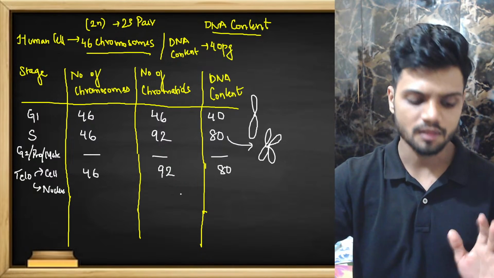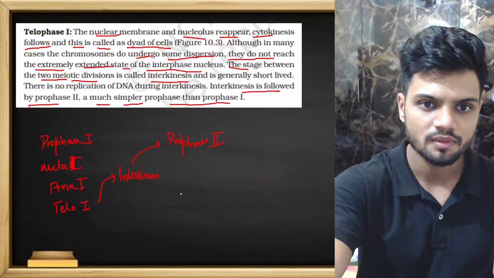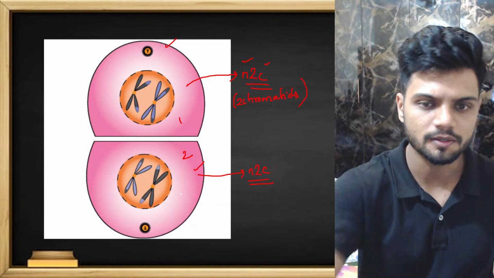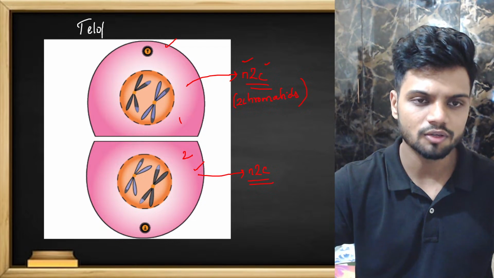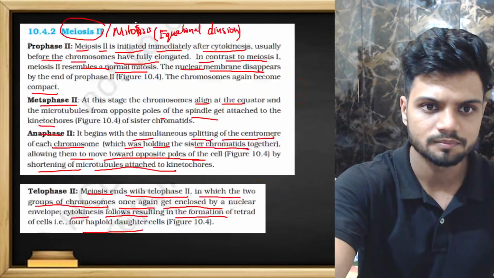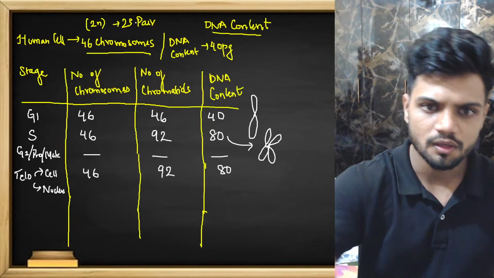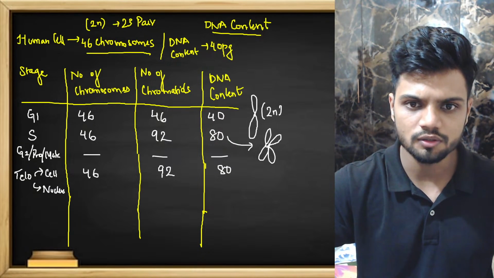But per nucleus, let's go back here, friends. This right here is telophase. Initially we had 2n 2c.